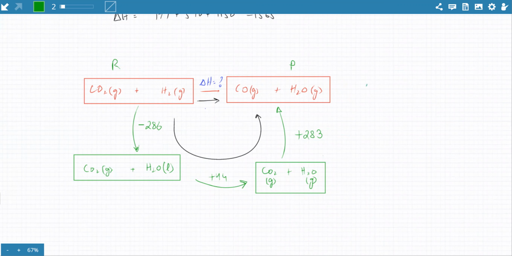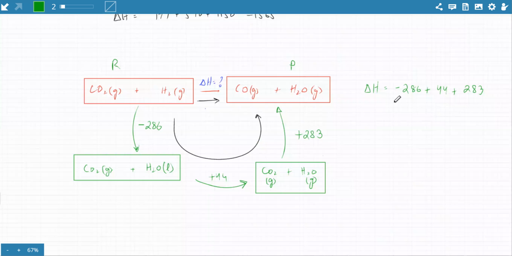Now try and calculate the value. The enthalpy change of the reaction would be equal to what? Minus 286 plus 44 and plus 283, right? Is this clear, Amal?